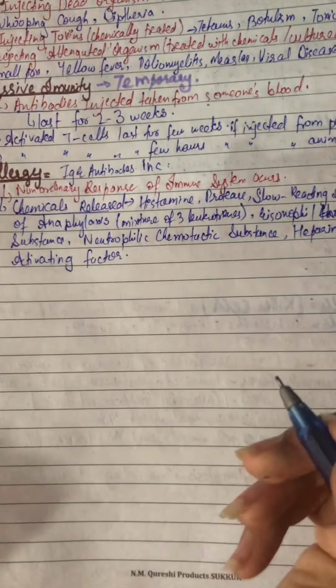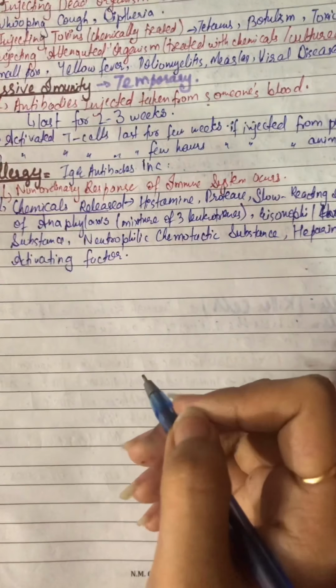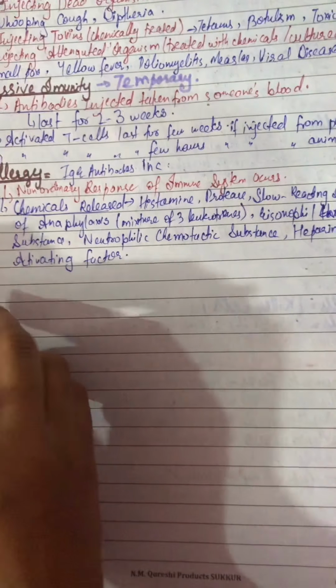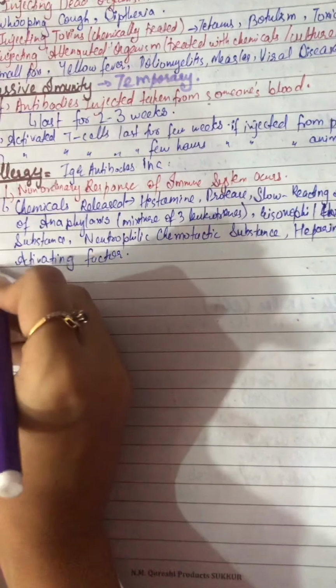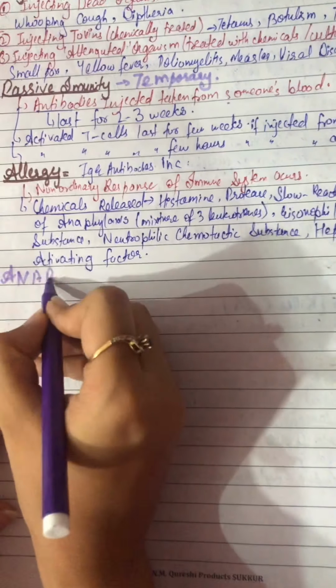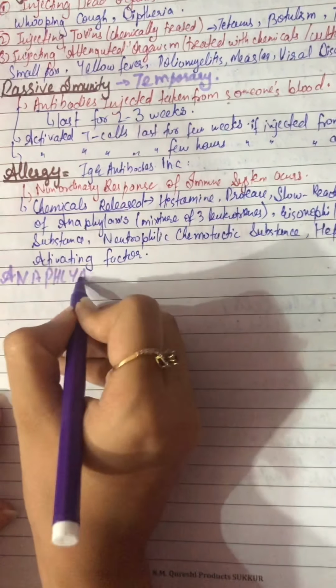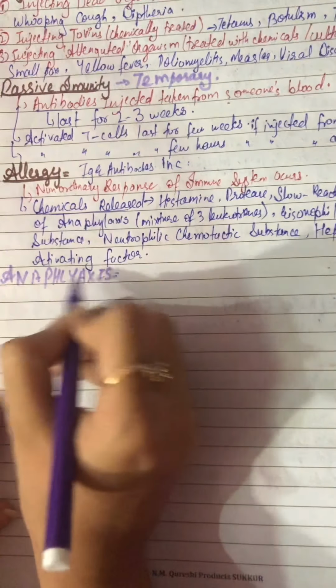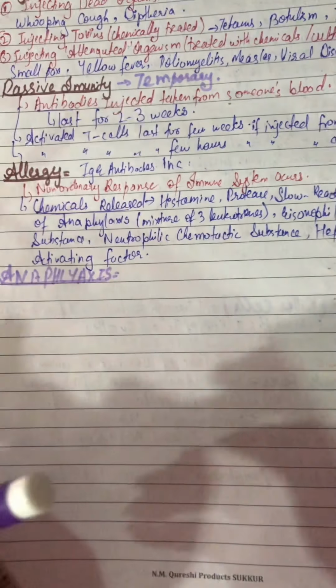Right? Now let's see some examples of the allergies. The first one is anaphylaxis. This is an allergen reaction.